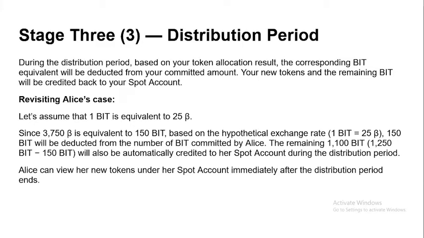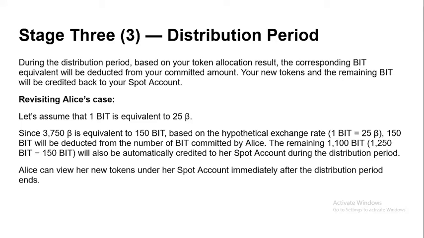Stage 3 is the distribution period. During the distribution period, based on your token allocation results, the corresponding BIT equivalent will be deducted from your committed amount. Your new tokens and the remaining BIT will be credited back to your spot account. Revisiting Alice's case, let's assume that one BIT is equivalent to 25 of that token.